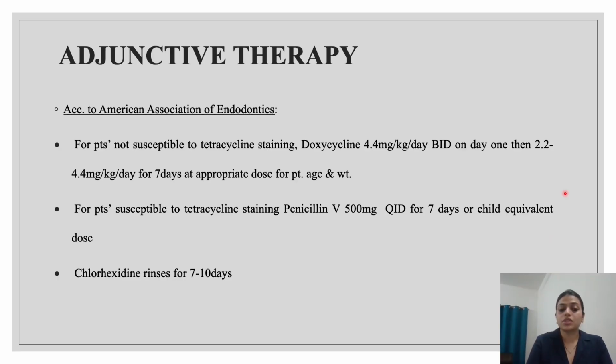And for patients who are susceptible to tetracycline staining, penicillin V 500 mg 4 times a day for 7 days or a child equivalent dose should be prescribed. Chlorhexidine rinses for 7 to 10 days are prescribed.